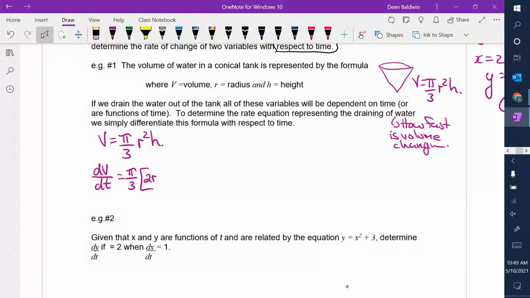So 2r times dr dt times h plus, what's the derivative of h with respect to time? H primed or dh dt times the first one, which is r squared. So that is essentially the same as this.